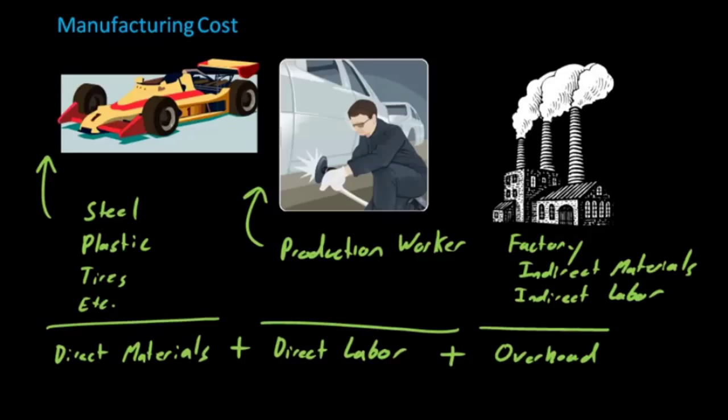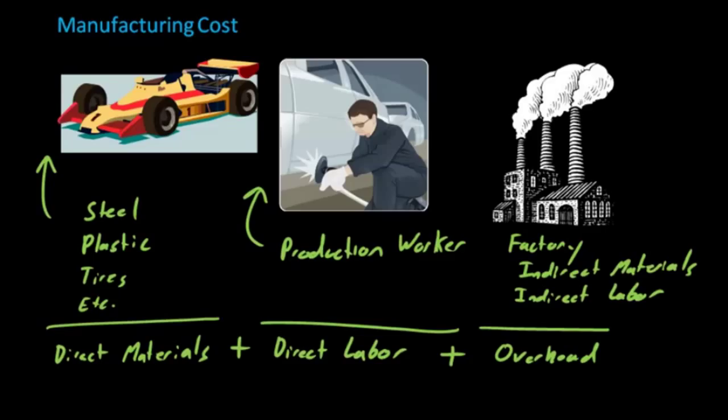So indirect materials are materials that are hard to trace directly to the car. They may be directly related, but they are hard to trace. Say for example, we use glue in manufacturing of these cars, and we have a big tub of glue, and it's hard to decide how much glue is used on each car. If we could keep track of the glue that is used, we could maybe measure how much glue we're using for each car, but it'll be very expensive and very hard to do, and that's just not worth it.